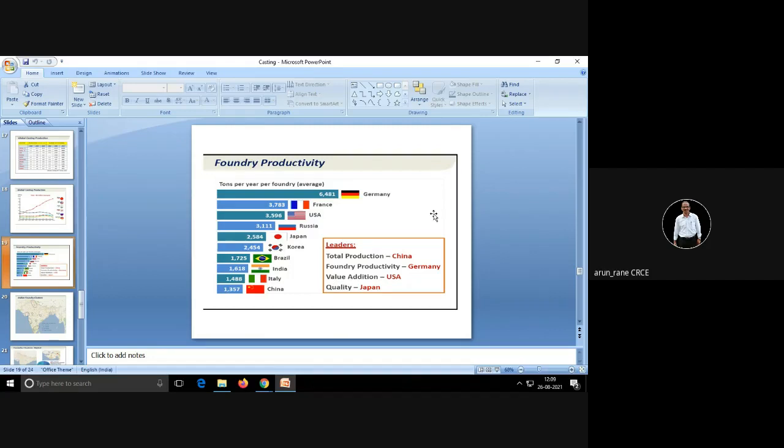It is not that I have made 600 vehicles in two shifts. That figure is not important. I have made 600 vehicles with this much input. That is what is required. Like suppose there are two production managers.